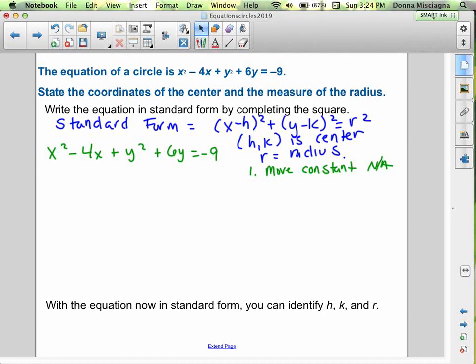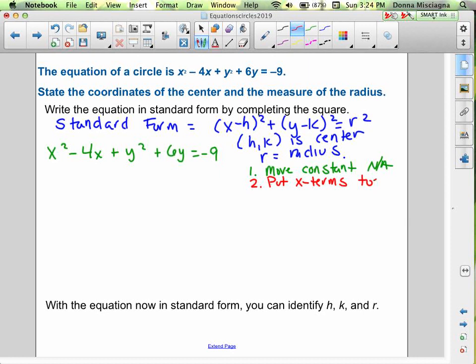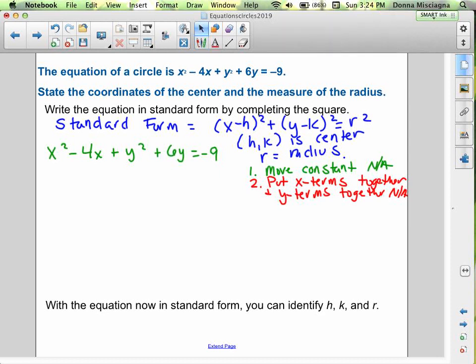Step number 2 is to put the x terms together and the y terms together. That also is an NA because we've got x squared and negative 4x together, and we have y squared and 6y together.